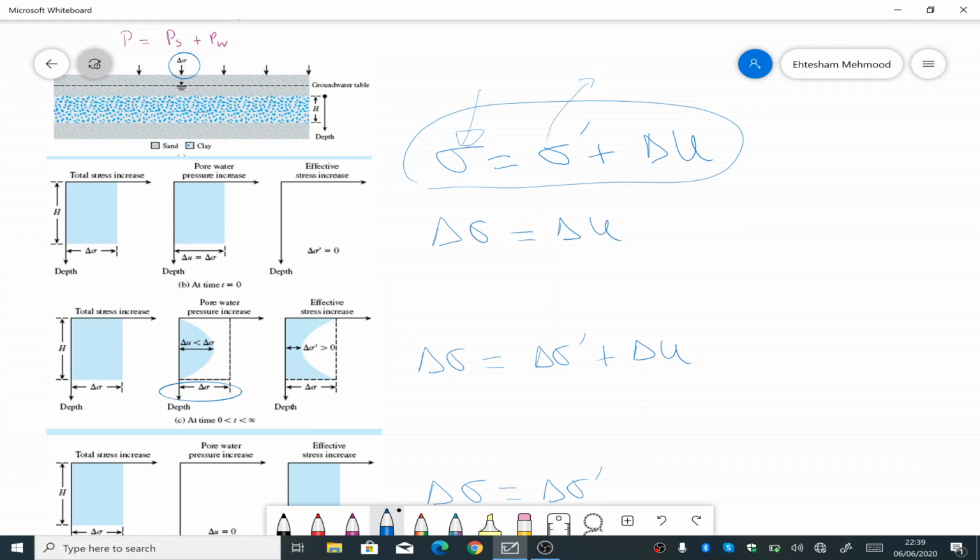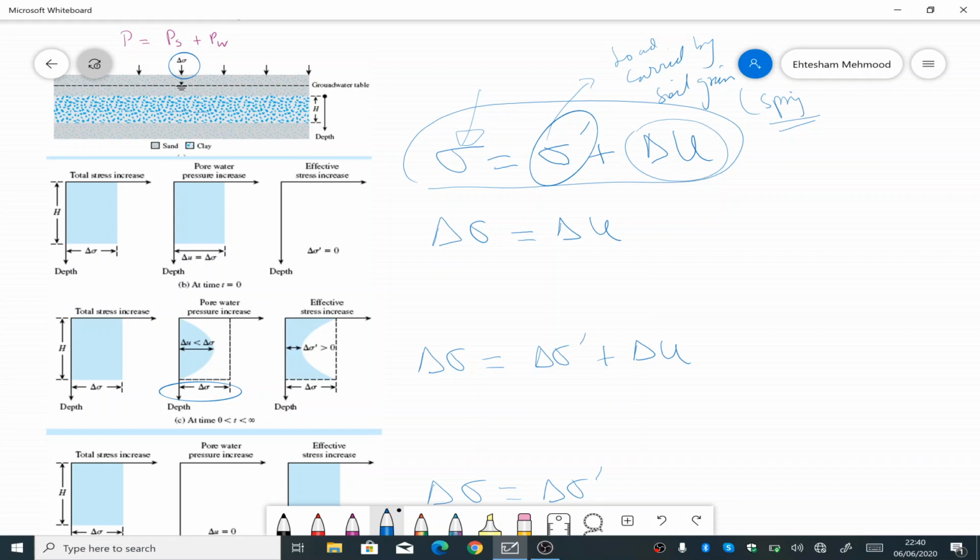The effective stress is the load carried by the soil grain, or if we consider the spring model, it is the load carried by the spring. So of the total stress that we applied, some would be taken by the spring or the soil structure and some by the pore water pressure.